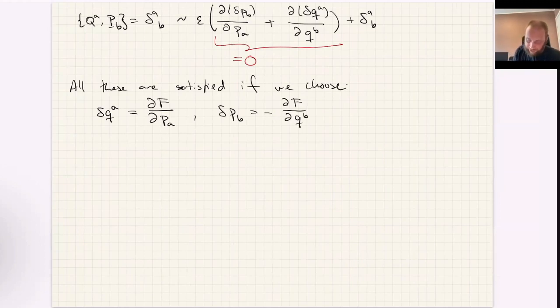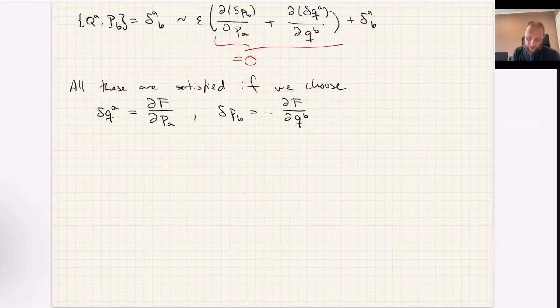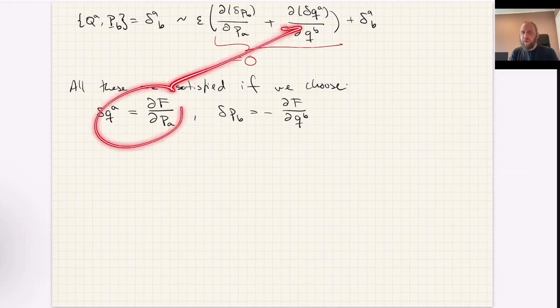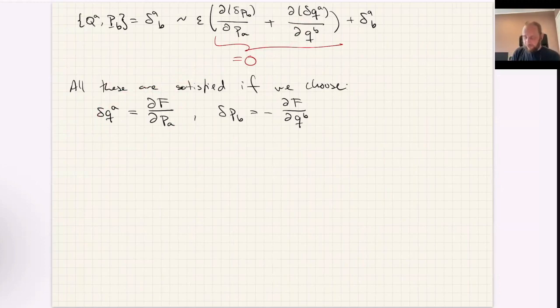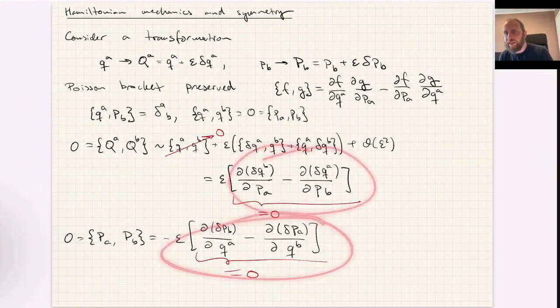For example, if we insert these two here, okay, then the delta PB, we insert that's minus the f dQB. So we have minus the second derivative of f, PA dQB. While at the same time, if we insert this here, we get the same thing but with a plus sign, so it's indeed 0. You can verify in the same way that these two are indeed going to be 0.